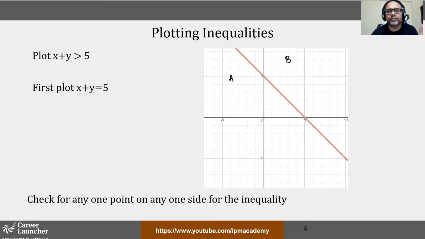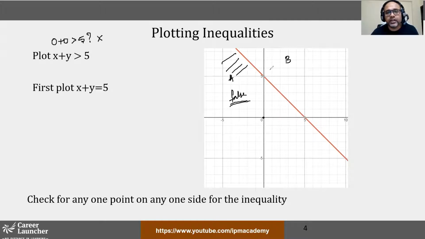The most preferable point is 0, 0, because 0, 0 is easy for you to check. When you take this point and substitute it in your inequality, 0 plus 0, is it greater than 5? No. Like a tick cross method. Which means this side is false. If one point is false, the entire side is false.